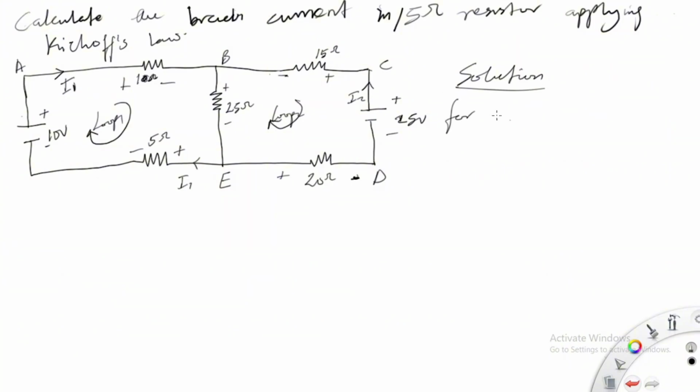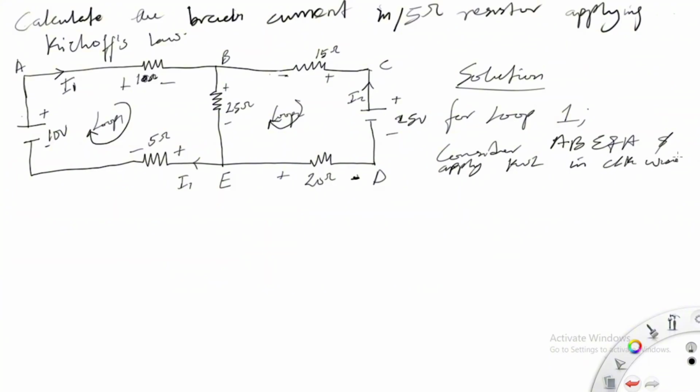For loop 1, let's consider A, B, E, F, A, and apply KVL in clockwise. This is just an abbreviation for a clockwise direction.